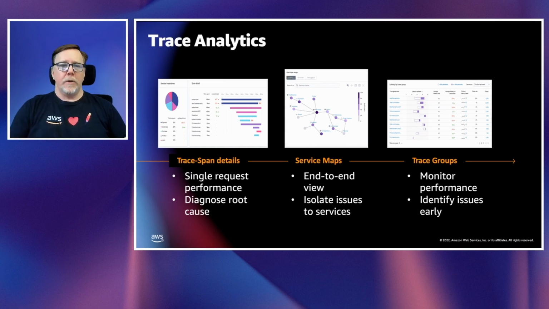Amazon OpenSearch Service and OpenSearch Dashboards provide a complete trace analytics experience. When we talk about trace analytics, there are a couple of major components that we see. The first of those is trace spans. Again, traces provide that end-to-end view of the processing of a request within your system. They're all connected together by a single trace ID.